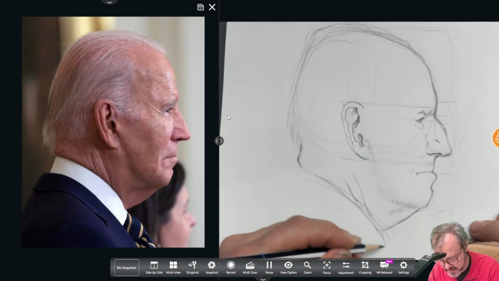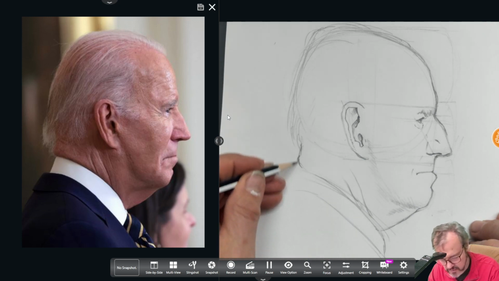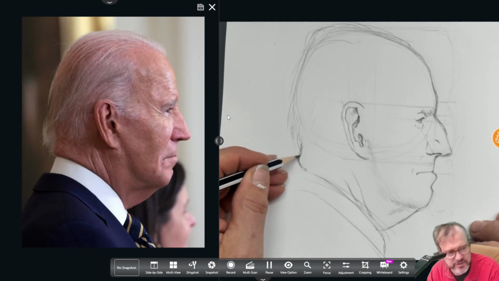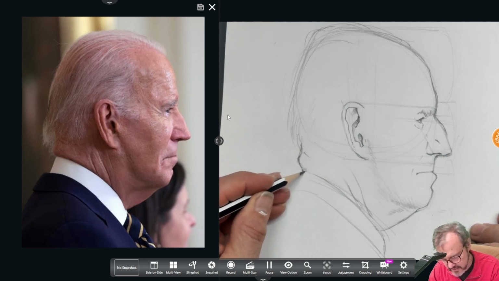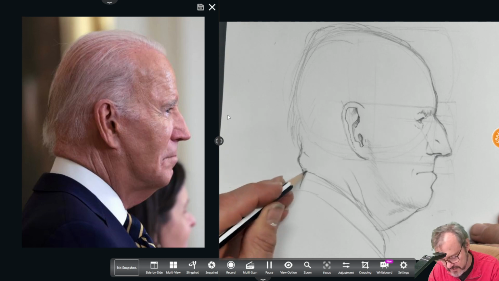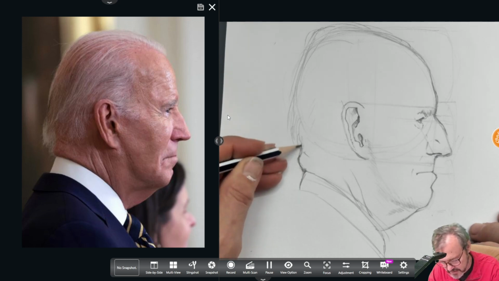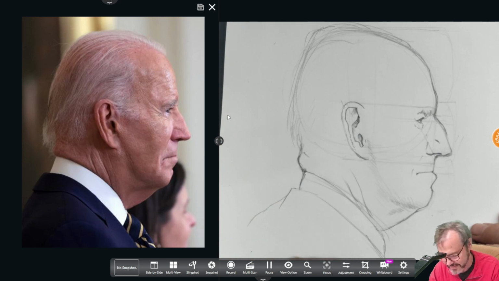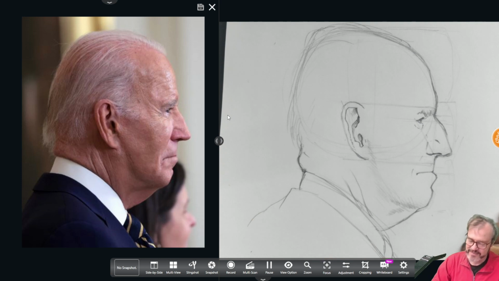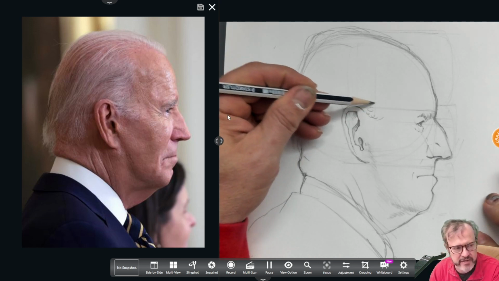Look, it comes down in the front and way high up in the back. And look at how the collar is containing his flesh. There's the collar, and then the skin's kind of erupting over the edge of the collar there. But you see how it starts to look more like him with the hair and the head shape.